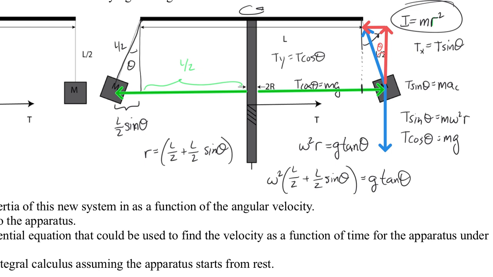It's tough stuff. The first question is asking you to figure out a relationship for the moment of inertia as a function of the speed. That means I equals mr squared, and there's two of those, plus the bar, plus the solid cylinder.